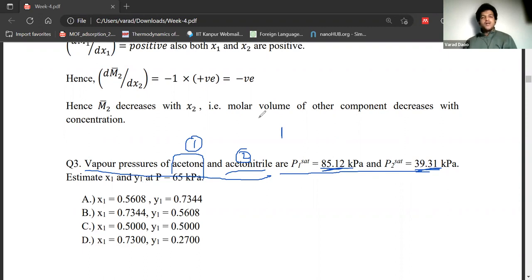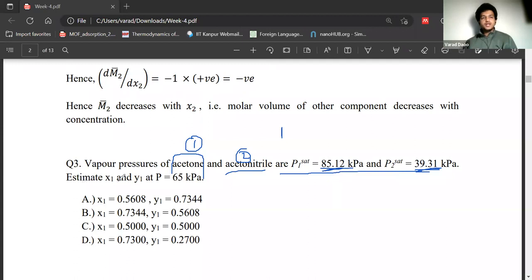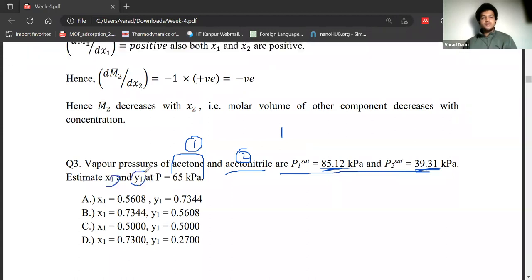With this information given, what we are asked to find is to estimate x1 and y1 at the total pressure. Basically, we have a container having components A and B, where A is acetone and B is acetonitrile.